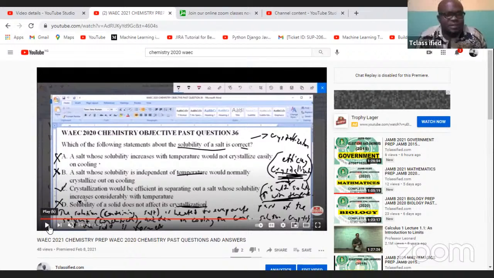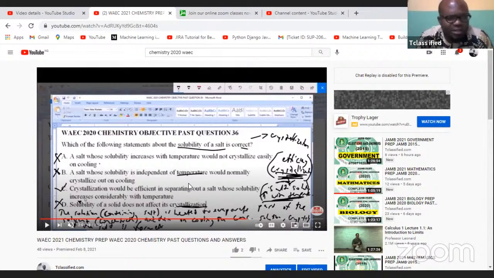I see, because this option D cannot be true. Solubility of a solid does not affect its crystallization. This cannot be true because solubility affects crystallization. Also, the ability of salts to crystallize depends on temperature, so that eliminates these two.